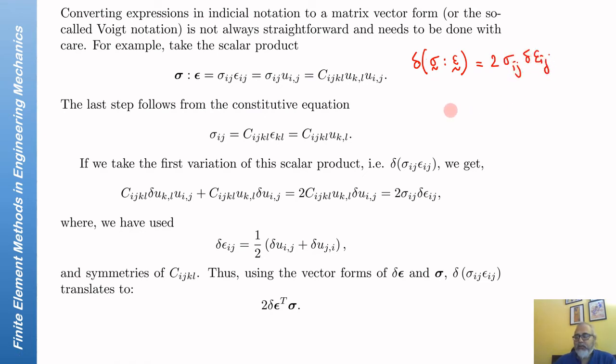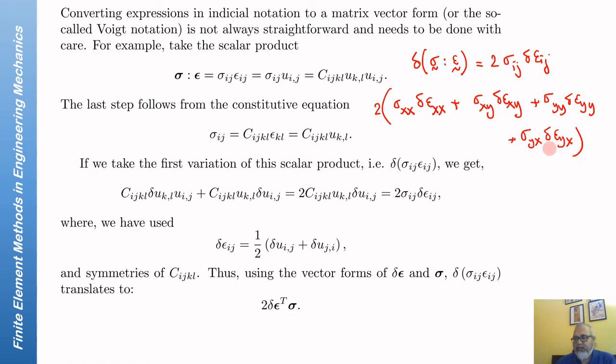I have to go back to the stresses and strains that I'm using in my problem, which are sigma xx, sigma yy, and sigma xy. So this will translate to 2 times sigma xx delta epsilon xx plus sigma xy delta epsilon xy plus sigma yy delta epsilon yy, and then sigma yx delta epsilon yx.